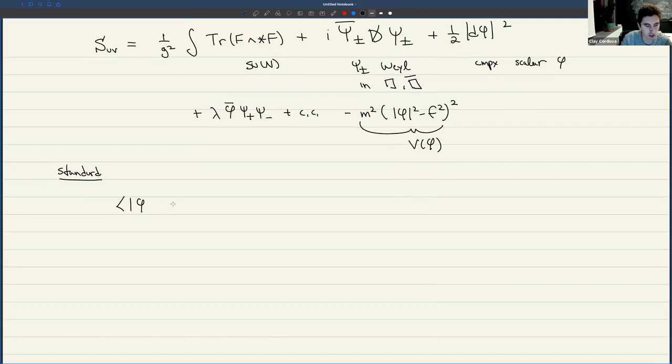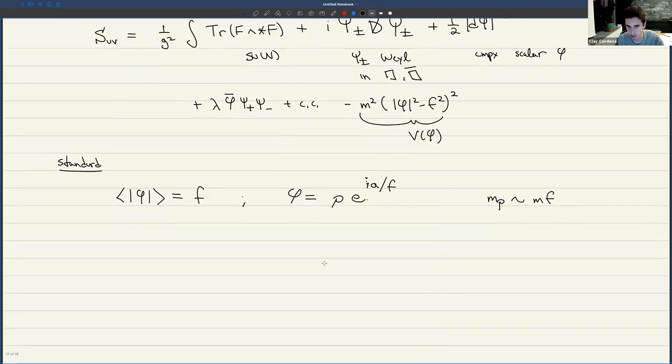First of all, it's clear that the potential makes phi want to sit at absolute value F. So you write phi in radial coordinates, not yet F, let's call it rho, a radial mode, times e to the i A over F. And the mass of this rho radial mode is like m times F, where m is the constant that I wrote in the potential.